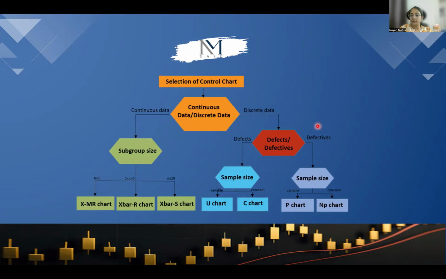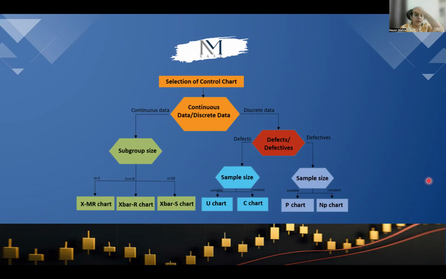Here the focus is not on counting each individual flaw, but on whether or not that item is acceptable. So continuing the shirt example, if 10 shirts each have at least one defect, we classify those 10 shirts as defective regardless of how many defects each shirt has.